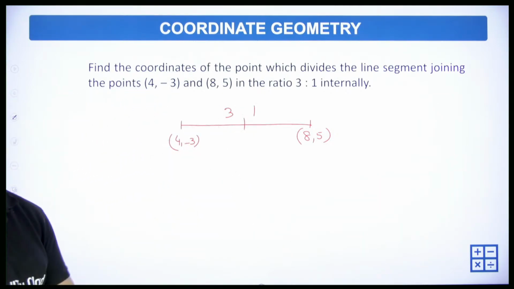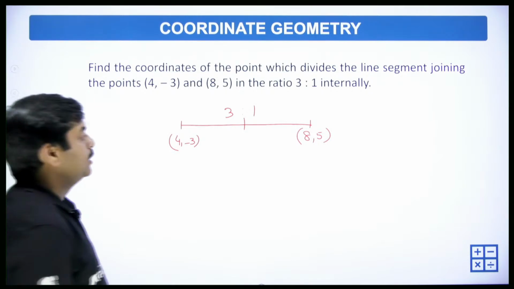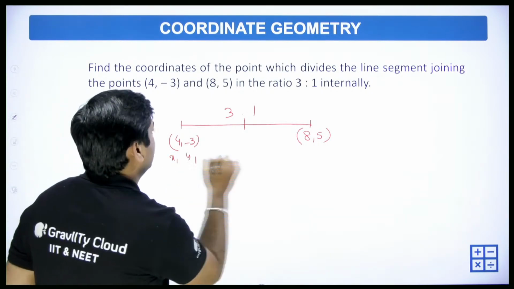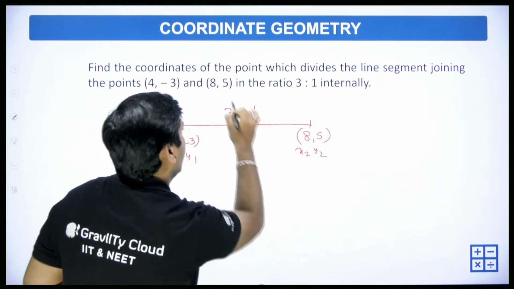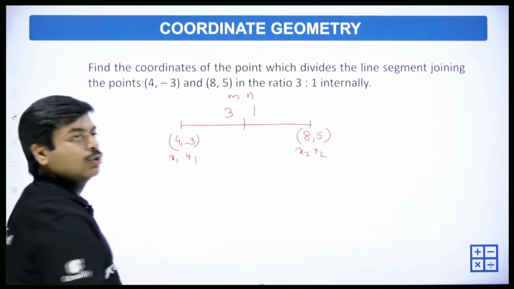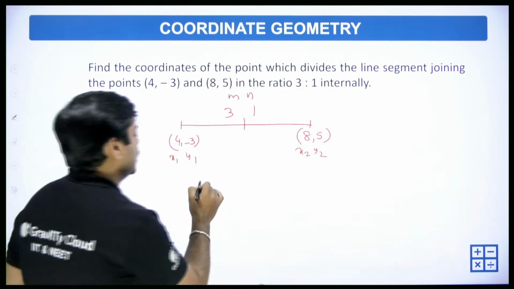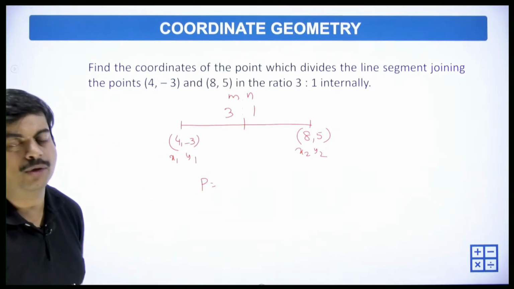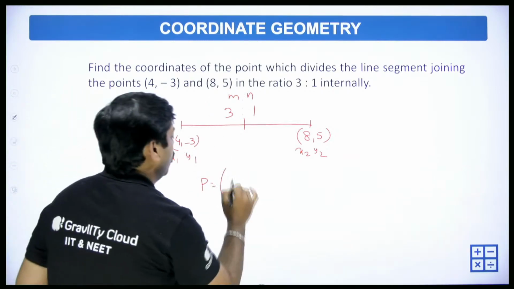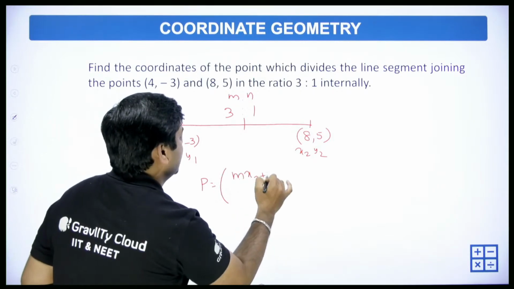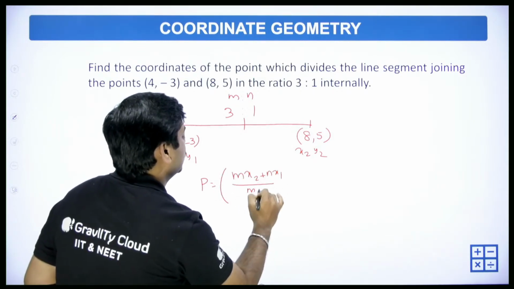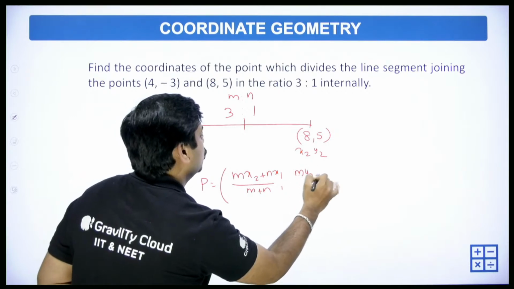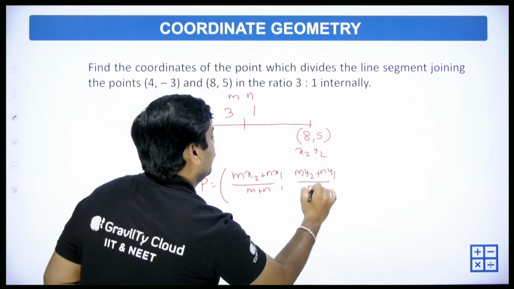So we have the formula. This is x1, y1 and this is x2, y2, and you have the formula for the m:n ratio. Sometimes it is m:n or m1:m2, it depends on the book we are following. The point is (mx2 plus nx1) by (m plus n), (my2 plus ny1) by (m plus n).